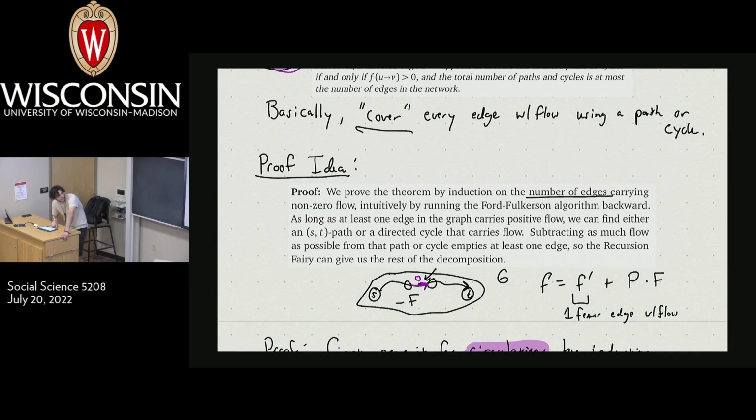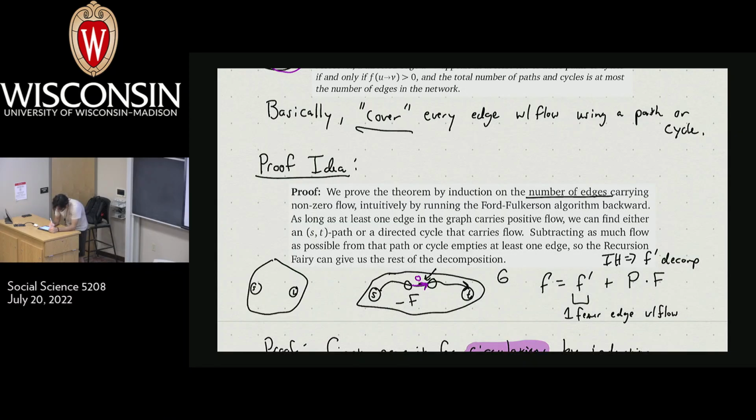And so the induction hypothesis implies we can further decompose F prime into paths and cycles. So the induction hypothesis gives F prime a decomposition. So F prime's decomposition plus this extra path gives us a decomposition for the whole flow F. Alternatively, maybe we find a cycle.